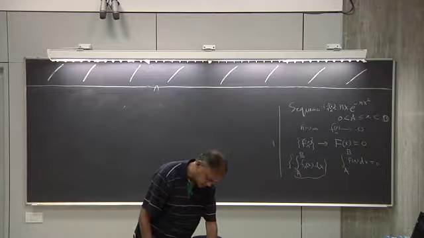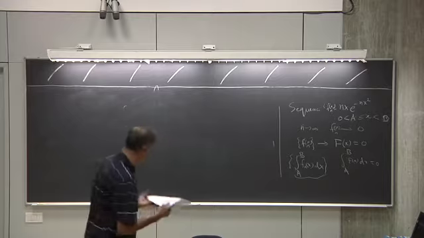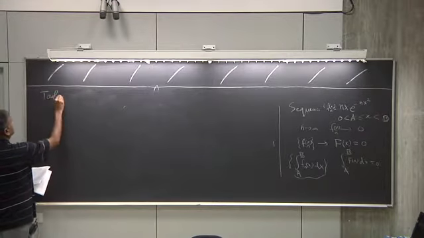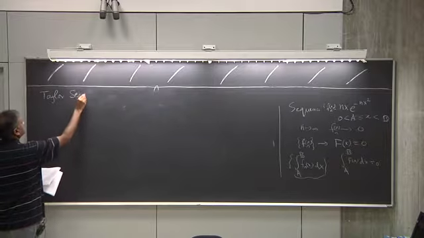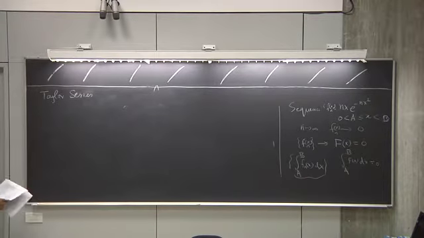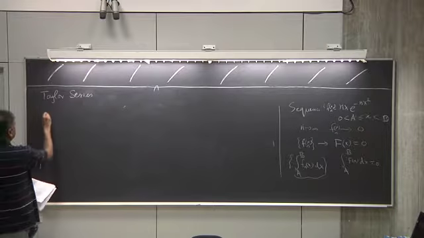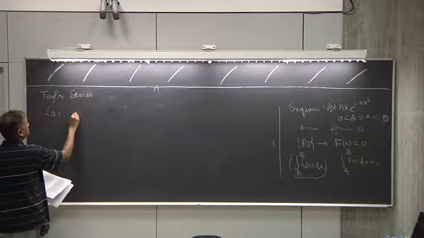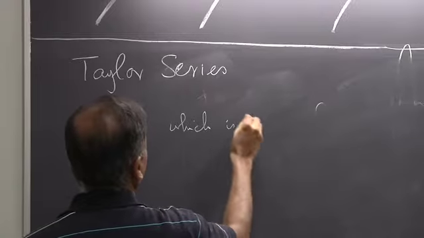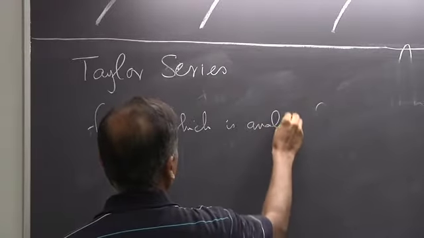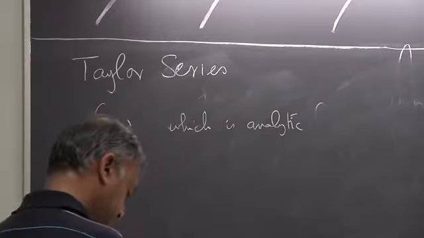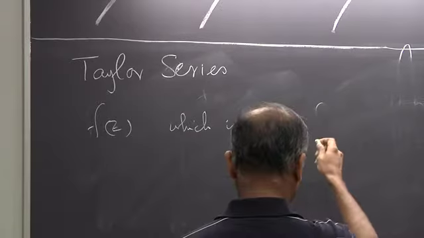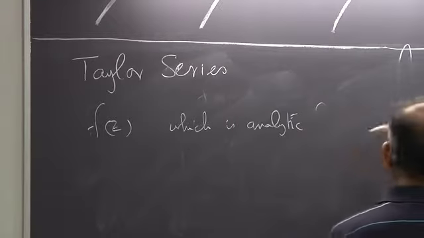So, the statement is the following. That's the Taylor series theorem. It says that if there is a function f of z which is analytic, let me draw the picture instead of saying this.